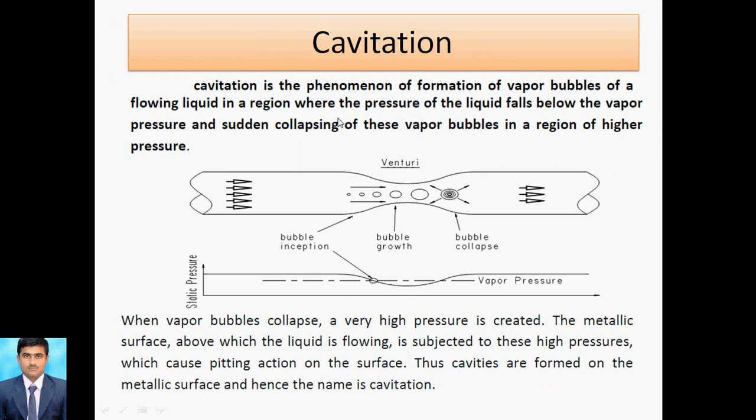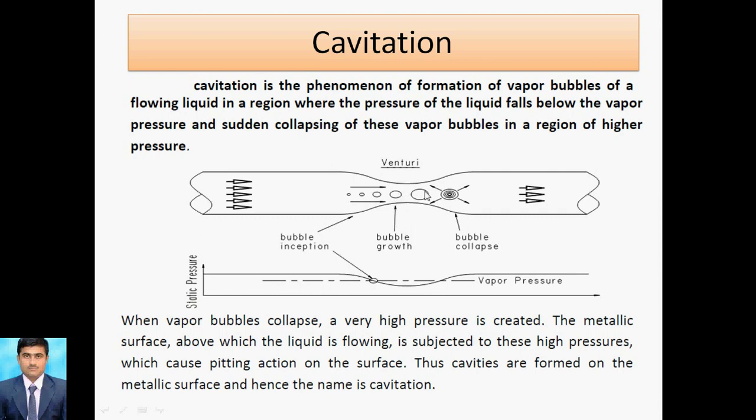Now the next phenomenon is cavitation. Cavitation is the formation of vapor bubbles in a region where the pressure falls below the vapor pressure. Then these vapor bubbles suddenly collapse in that region.